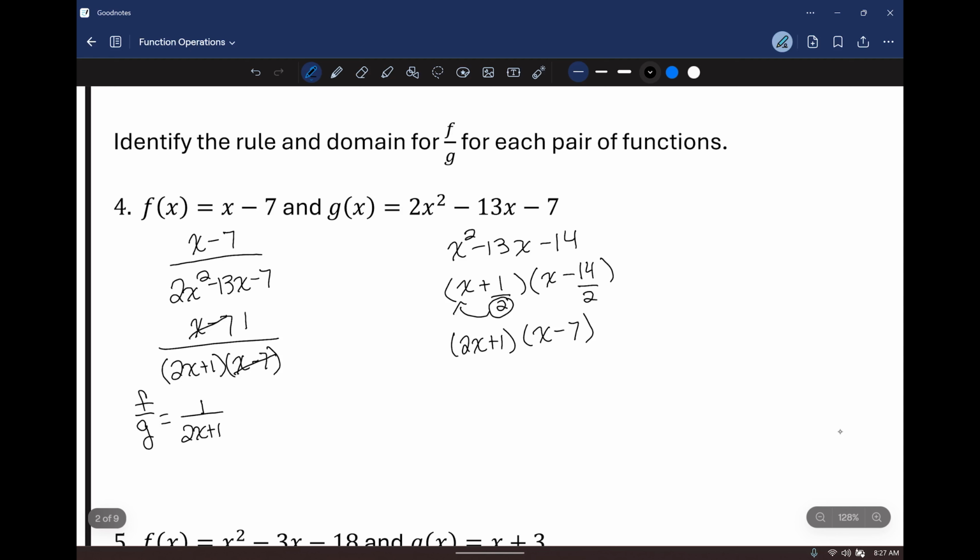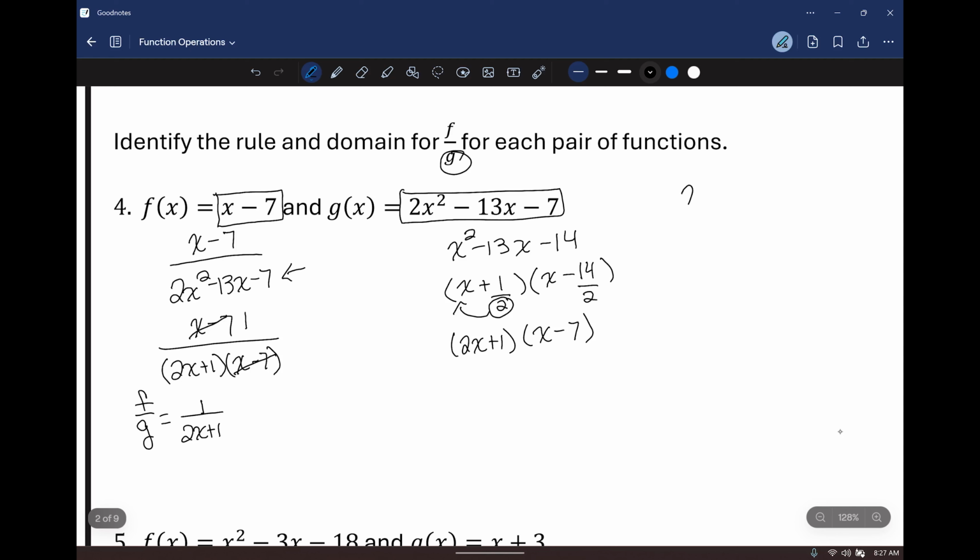Now I do have to think about the domain. So if you look at f of x, no restrictions because there's no x in a denominator, no x under an even root. Same thing for my g of x. However, when I divide them, g is now in the bottom. So I have to worry about those two factors in the denominator.